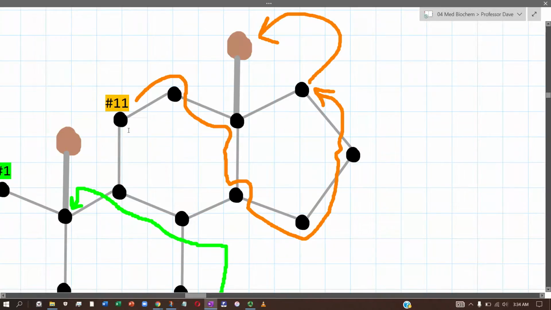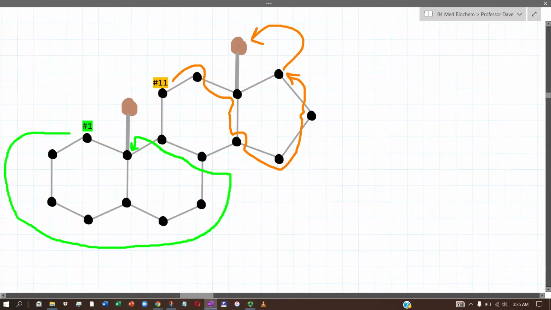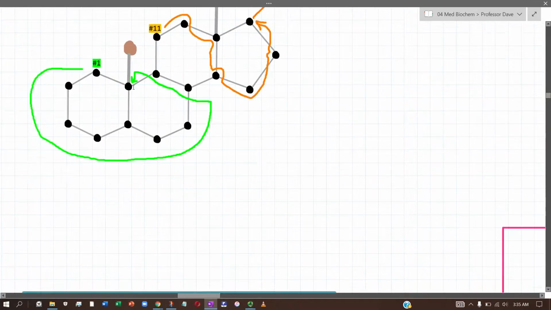You start out from 11, you hit that one, then this one, come around, and once you reach the last one, you jump onto this special brown carbon, and eventually you also go over here to this other special brown carbon.